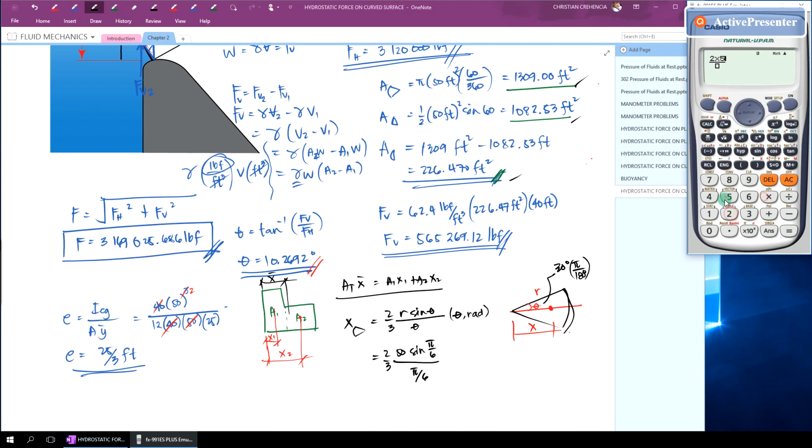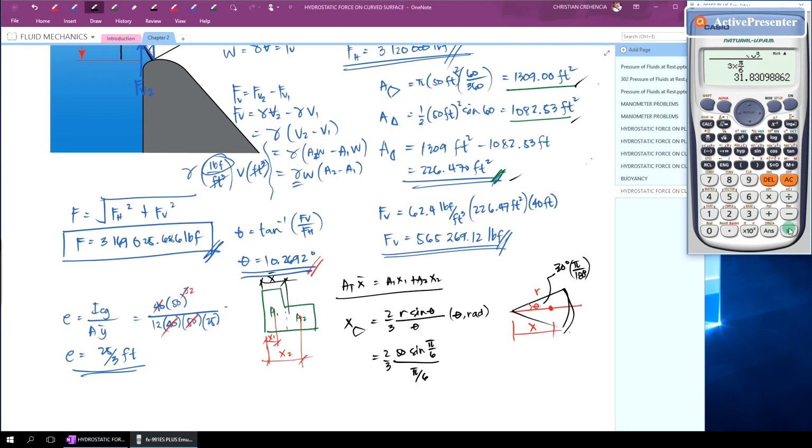So 2 times 50 sine pi over 6, over 3 times pi over 6.